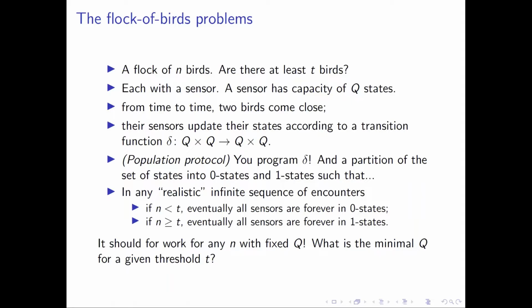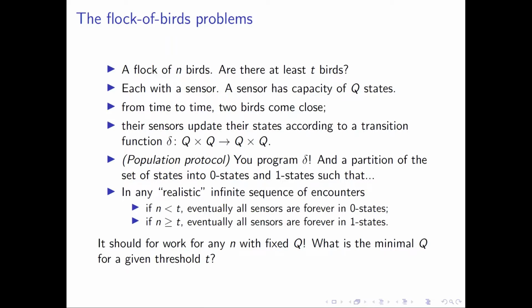And what happens next is that birds from the flock, sometimes a pair of birds, come sufficiently close to each other so that their sensors can interact. And if this happens, both sensors detect that there is also some other sensor nearby, and each of these sensors can see its own state and the state of the other sensor, and then they update their states according to some predetermined transition function delta.